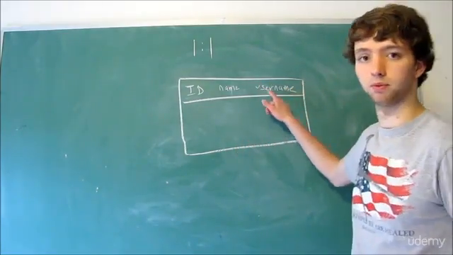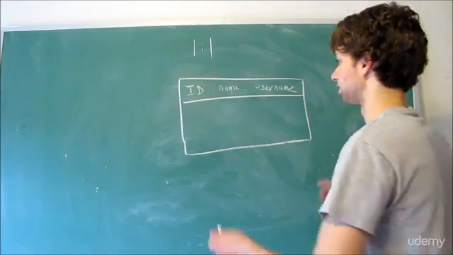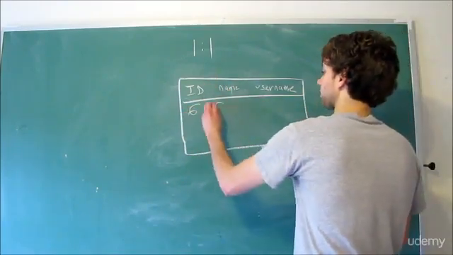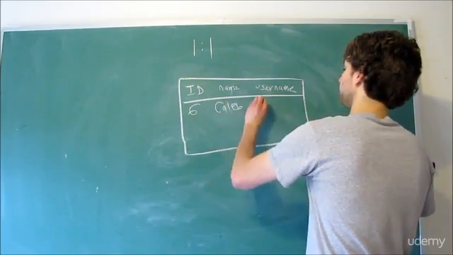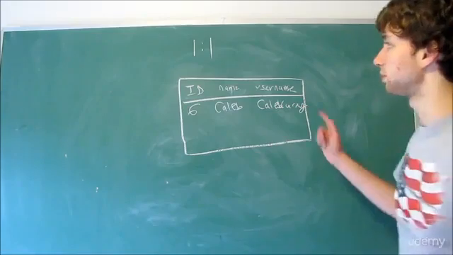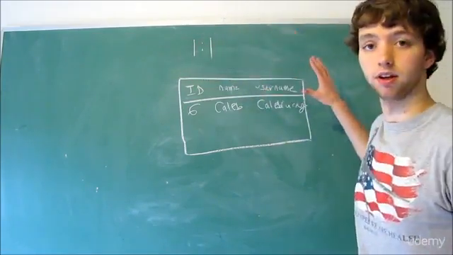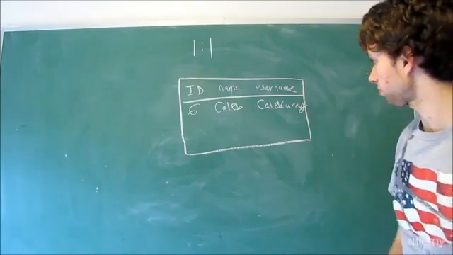This username is exclusive to this ID of this person. So like 6, Caleb Curry. That is how we would design a one-to-one relationship. We would put it within the same table.